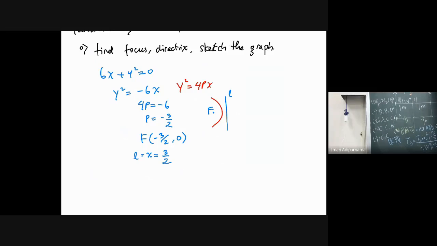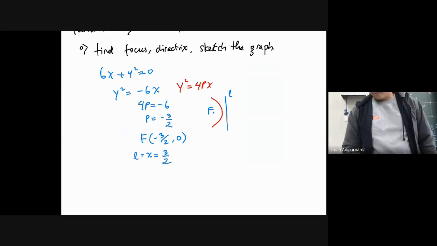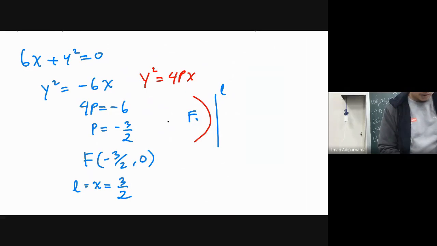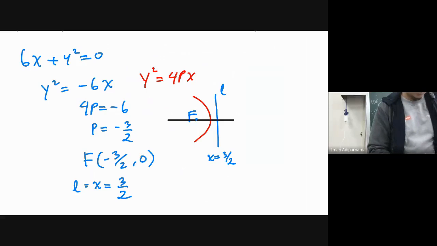Remember that in the geometric perspective, we always treat the vertex as 0. So we may draw this like that, and this line will be x equals 3/2, and this will be (negative 3/2, 0).